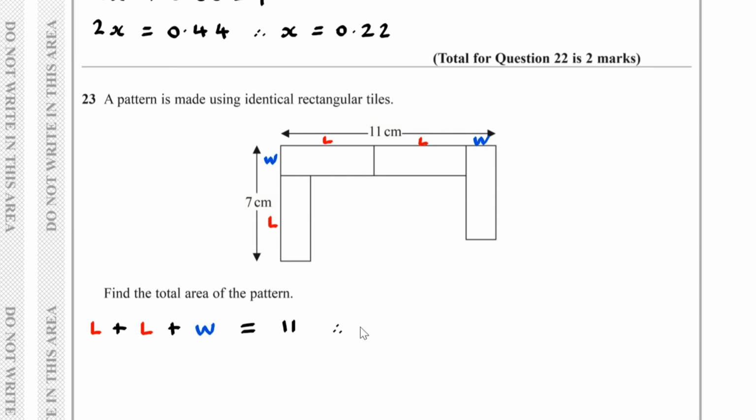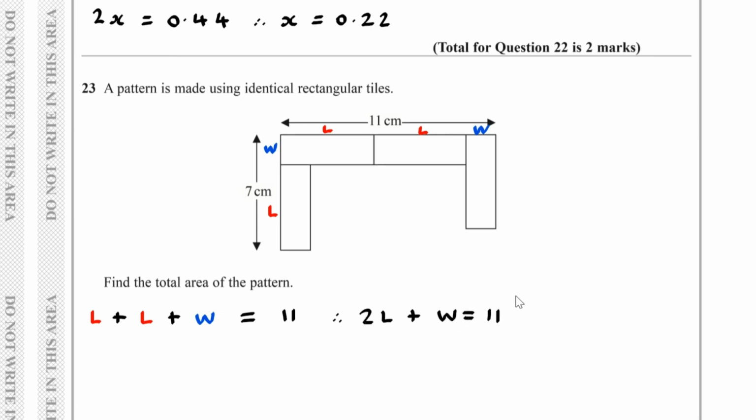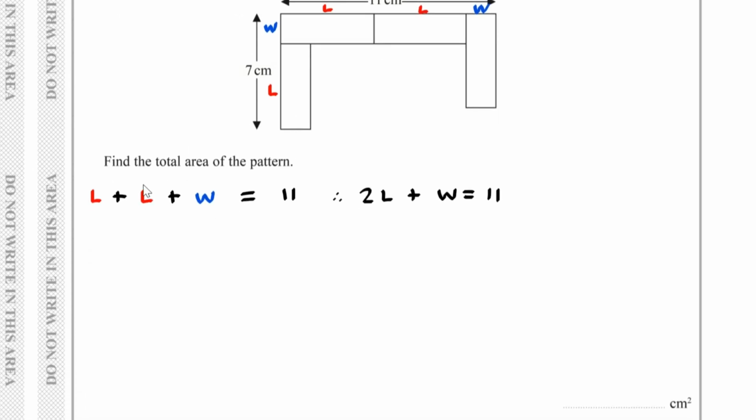So 2L plus W equals 11. And what I also know is L plus W equals 7. So if I call this equation 1 and this equation 2, because the W's are the same, we can subtract the equations.